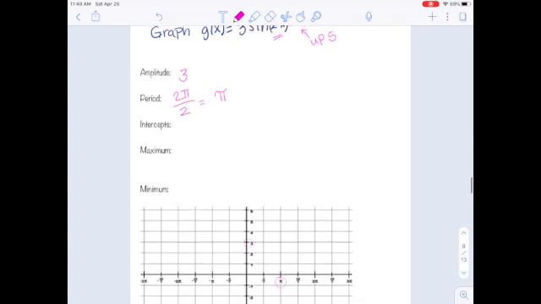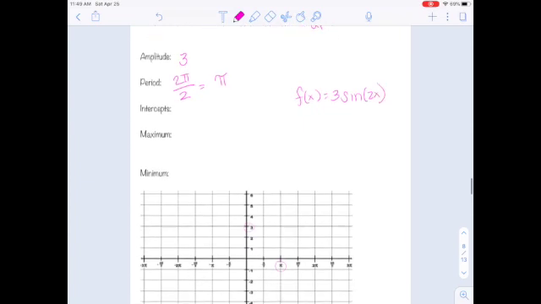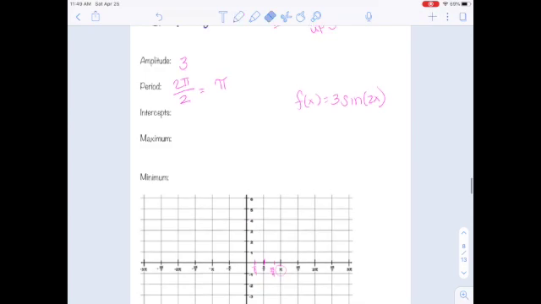So I can get one period of, let's say, f of x is equal to 3 sine of 2x. So I'm going to ignore the up 5 and deal with that last. So take that period of pi, cut it in half, you get pi over 2. Now cut that again in half and you get pi over 4. And then from pi over 2 to pi, the midpoint is 3 pi over 4. And that'll help with your Fab 5 points.